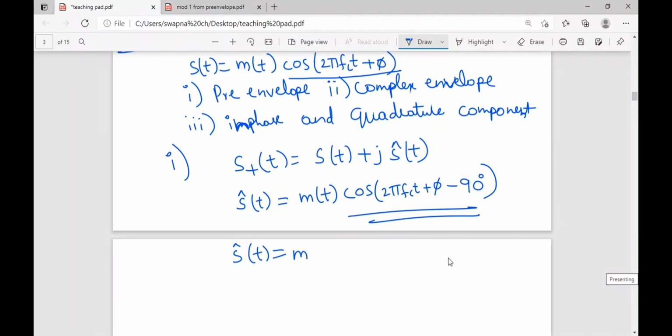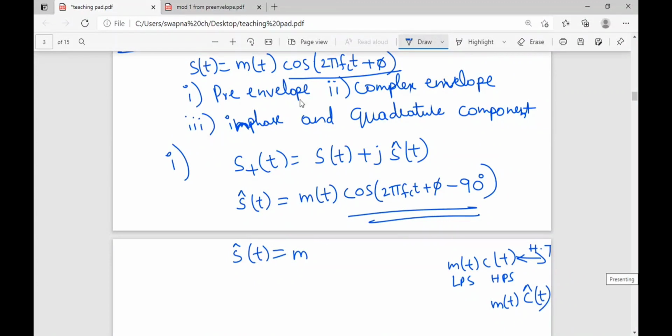Here I have just used one property, like m of t into c of t. If you try to find the Hilbert transform of this, if this is a low pass signal and this is a high pass signal, then only the high pass signal will have the phase shift. Only that will have the Hilbert transform, which is c cap of t.